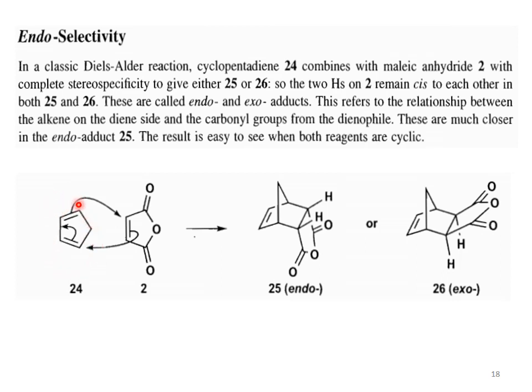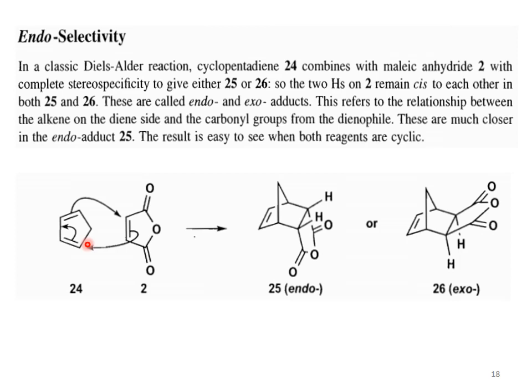It means 100% stereochemistry of the dienophile is reproduced in both products. Either 25 is formed or 26 is formed during this reaction. Whichever product it is, the stereochemistry of the dienophile is reproduced in the product.